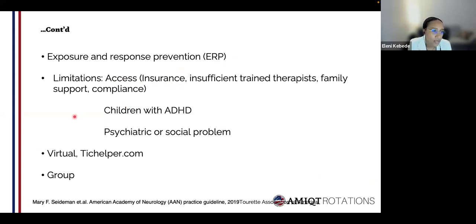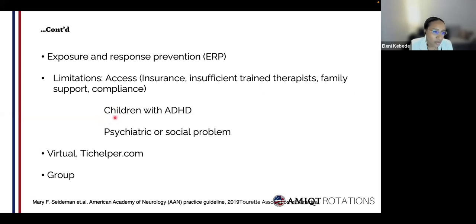These are like 8 or more sessions, and it's very hard to cover them from pocket. Insufficient trained therapists in this field is also another limitation, and family support and patient compliance is much needed. So, it needs a lot of focus to implement these therapies.